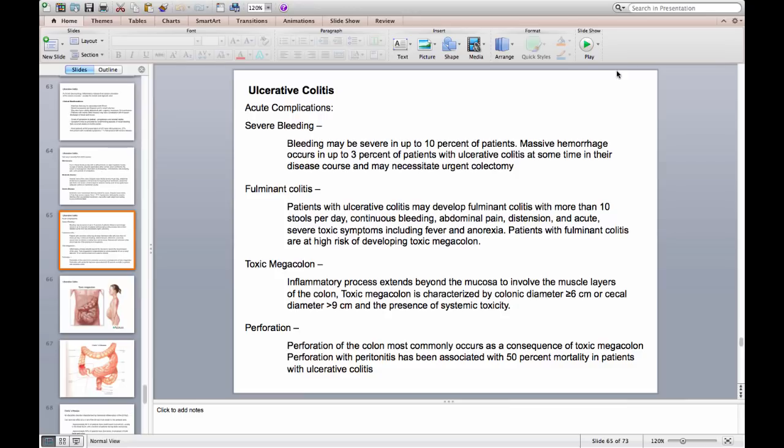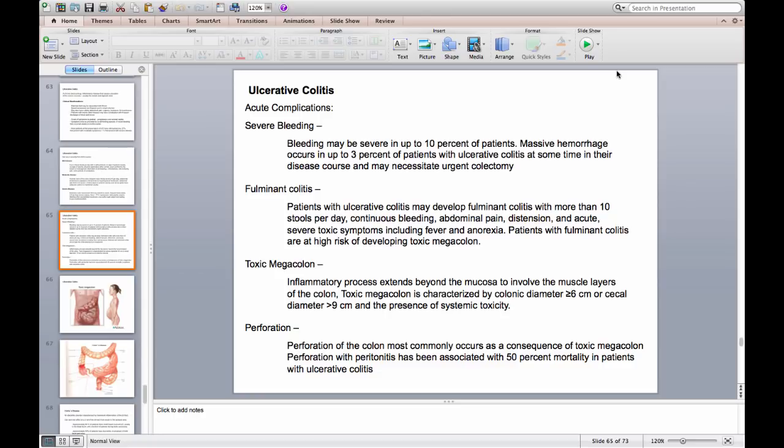And in terms of more serious complications, ulcerative colitis and Crohn's tend to manifest differently, right? So with ulcerative colitis, you worry about how much blood loss there is, okay?